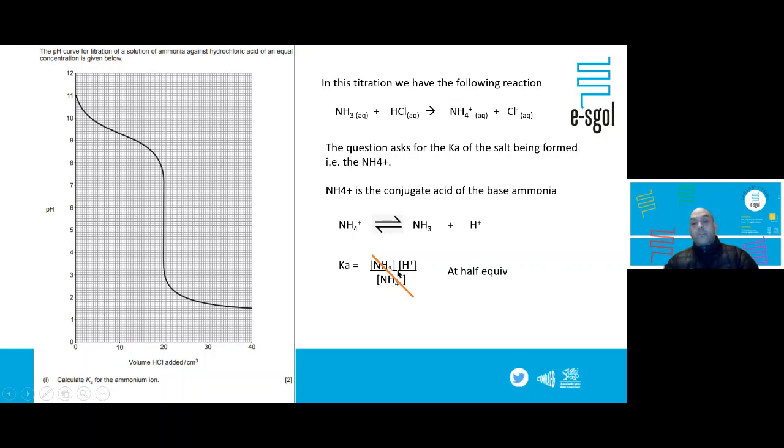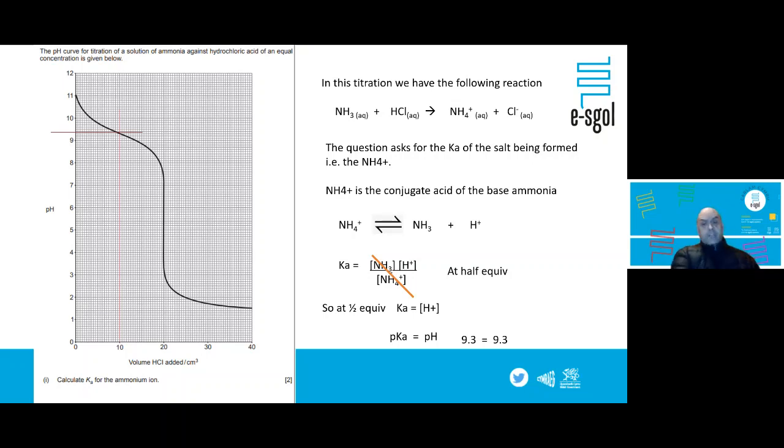That kind of explains the principle, but all you need to know is that at the half equivalence point, your pKa is equal to pH. So if we look at this graph to work out my Ka value, I go to my half equivalence point at 10, and when I hit the line, I come across to the pH, and I get a pH of 9.3.